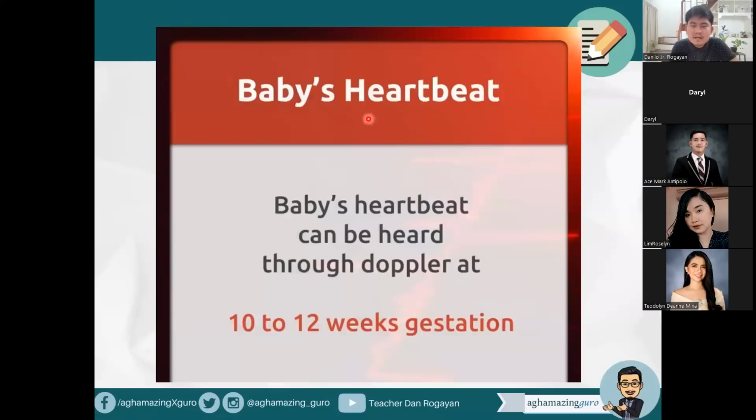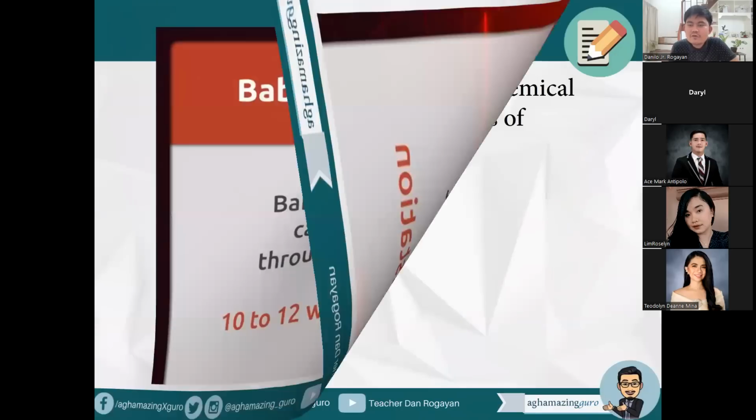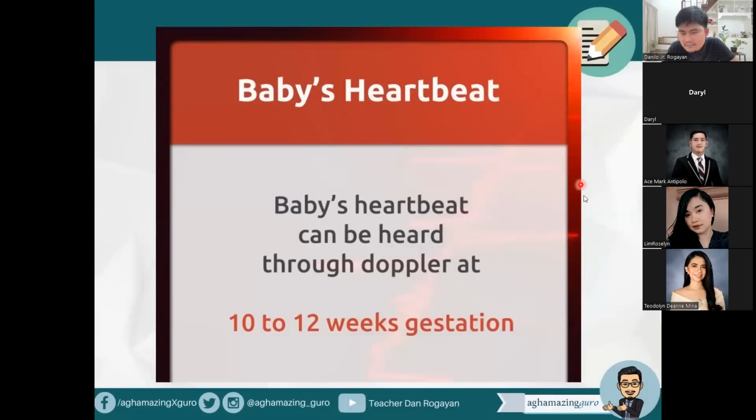Okay? So baby's heartbeat can be heard through Doppler at 10 to 12 weeks gestation. Just in case lang matanong, it's actually 10 to 12 weeks, no? Gestation. Okay? Question, how do you call the sound of the heart? Okay, yes. No, we call it lubdub, not dugdug. Okay.